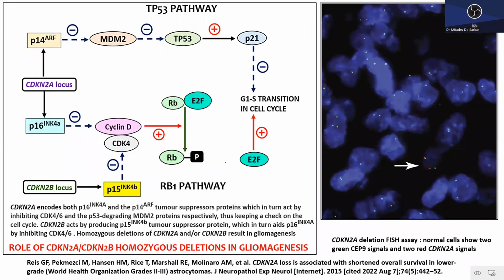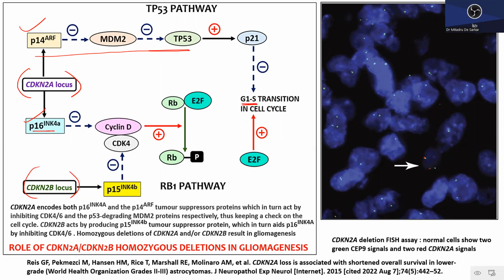The last genetic abnormalities that we shall be talking about are the CDKN2A and CDKN2B homozygous deletions. These two genes are tumor suppressor genes, and the CDKN2A and CDKN2B loci are associated with the production of tumor suppressors. P16 and P14 are the two tumor suppressors encoded by the CDKN2A locus. P14, by stabilizing P53, results in a block at the G1/S stage of the cell cycle.